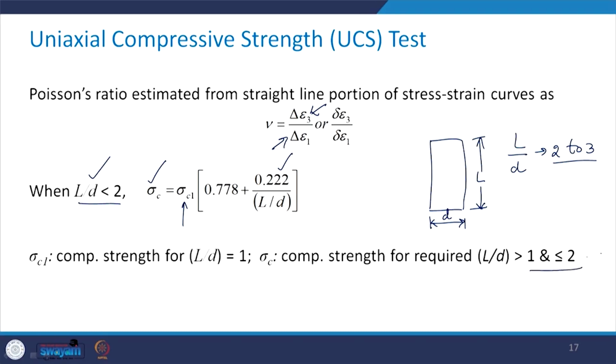If it is less than 1, we cannot conduct a UCS test on such a specimen. So it has to be between 1 and 2.